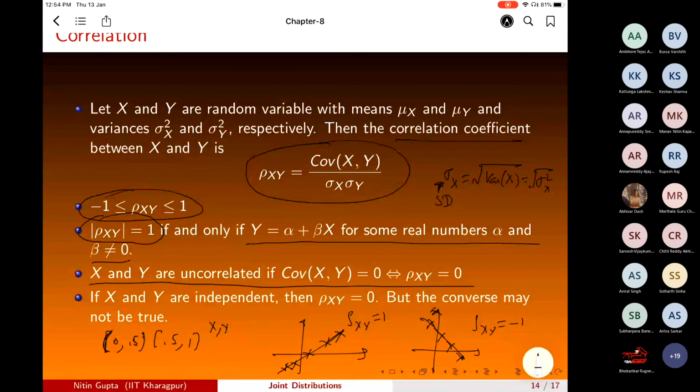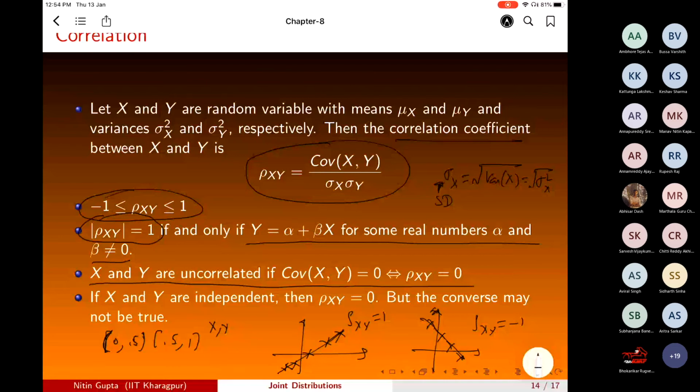At 0, we can say that x and y are uncorrelated. Similarly, on the negative side, minus 0.5 to 0, weak negative association between x and y. And if between minus 1 and minus 0.5, strong negative association between x and y.